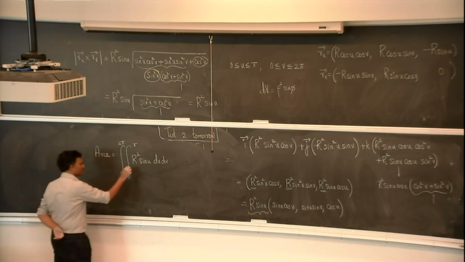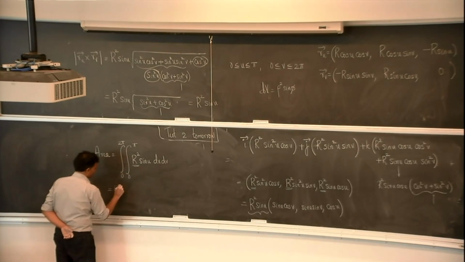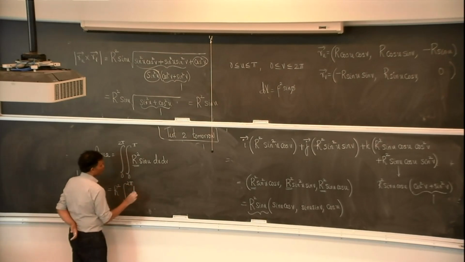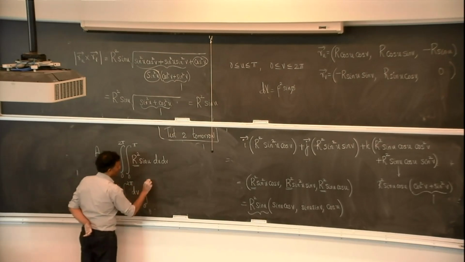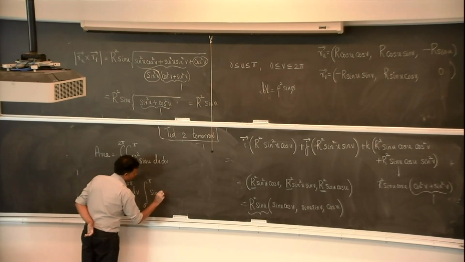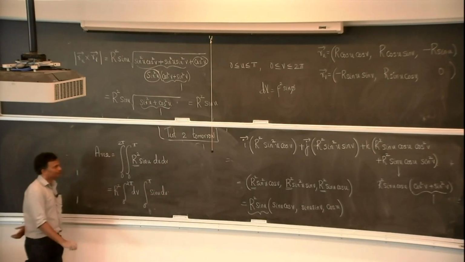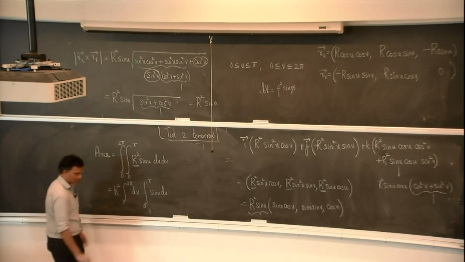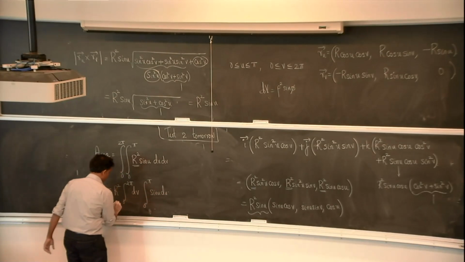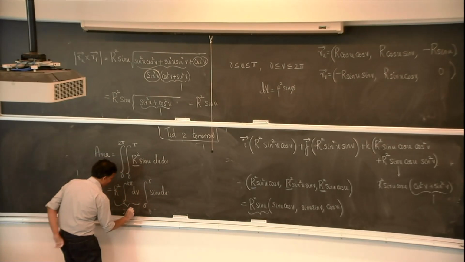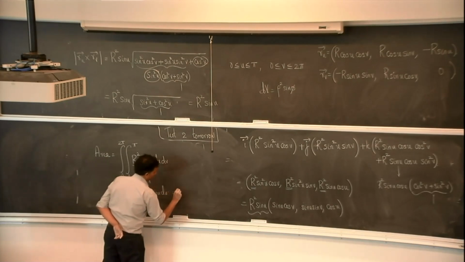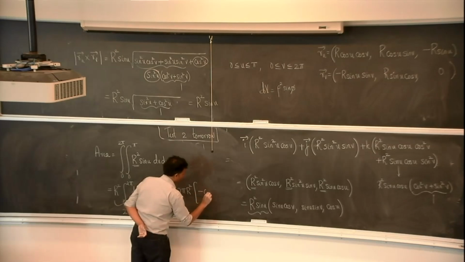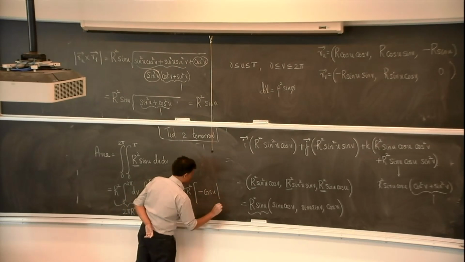R square is a constant, so you can write this as r square times the integral from 0 to 2 pi of dv, and the integral from 0 to pi of sine of u du. Integral of sine is negative cosine, so this part is 2 pi r square times negative cosine u from 0 to pi.